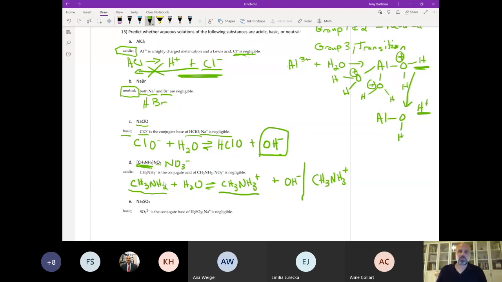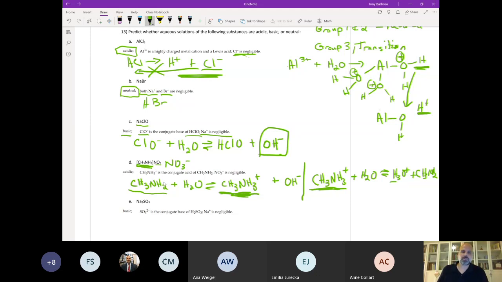So this will react with water separately in an equilibrium fashion to give us H3O plus and CH3NH2. You can see when we take the conjugate acid of a base and dissolve that in water, it's actually an acid.